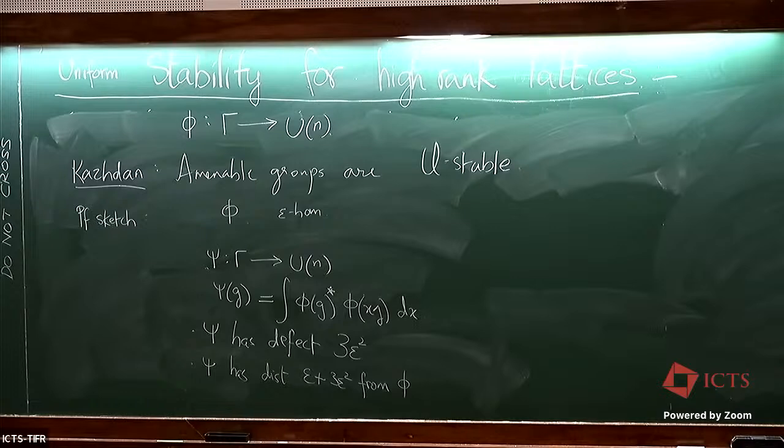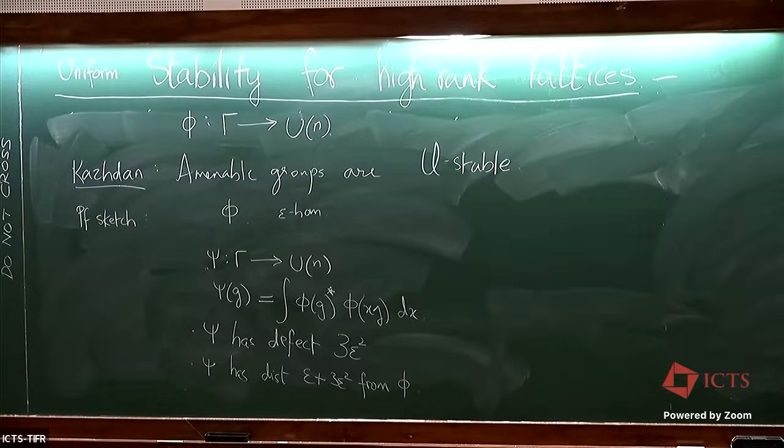So this hints that maybe you can come up with a cohomology theory that captures this sort of phenomenon, where you don't have cocycles, but maybe you can have cocycles up to something smaller.